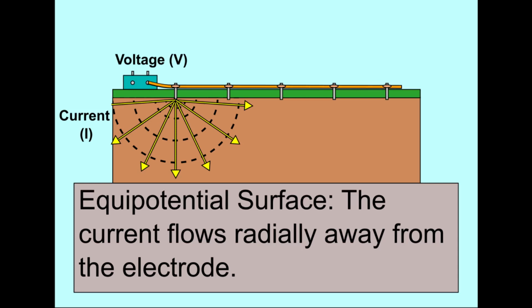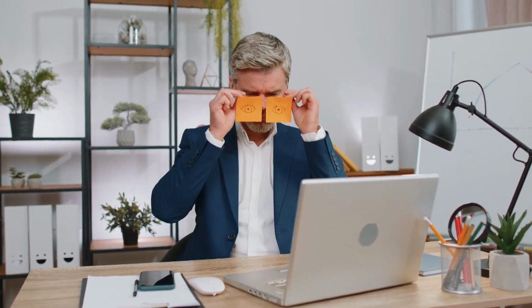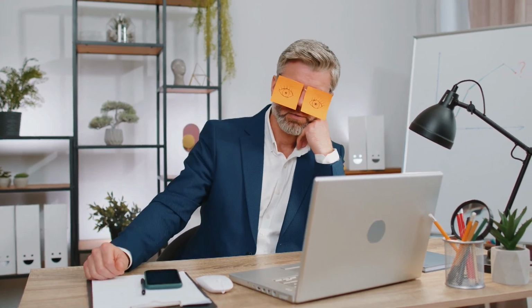These hemispherical locations in the ground are called equipotential surfaces. Each circle represents a location where the current is distributed with the same value, changing as the distance from the electrode in the middle increases. Are you having a hard time picturing a hemispherical shell that has the same current value along the surface of that shell?